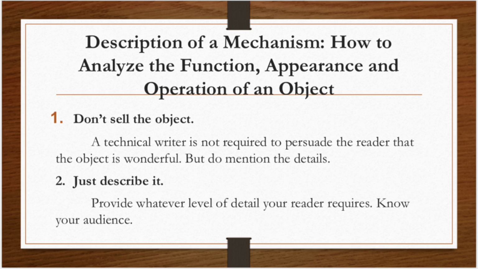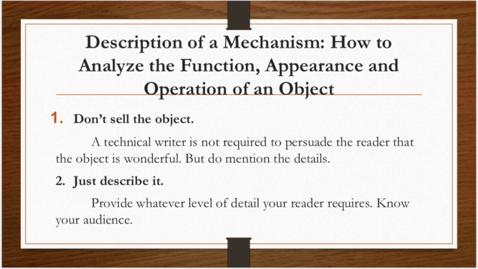When we say mechanism description, this is a short report designed to convey to the reader a technical understanding of the function, appearance, and operation of a particular subject. So this gives the reader a quick overview of these three elements before you launch into details. This analyzes an object in space.